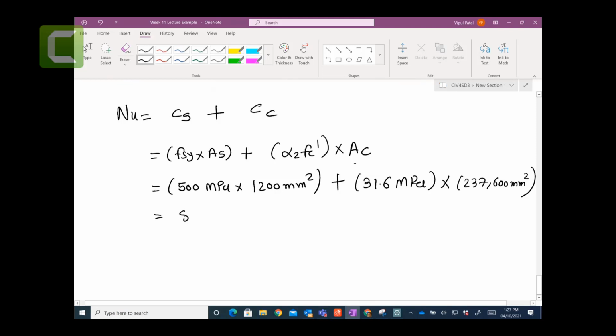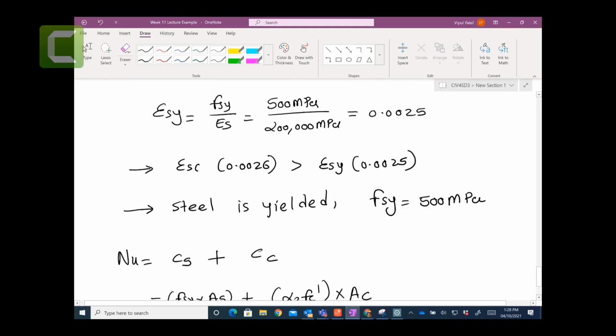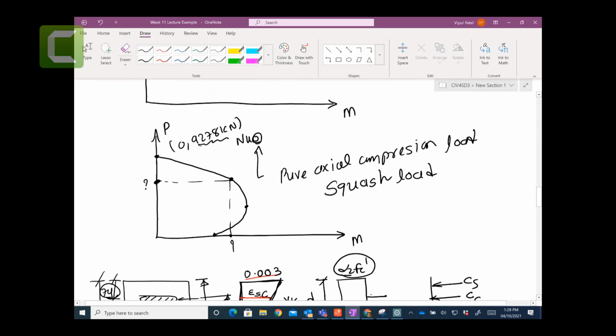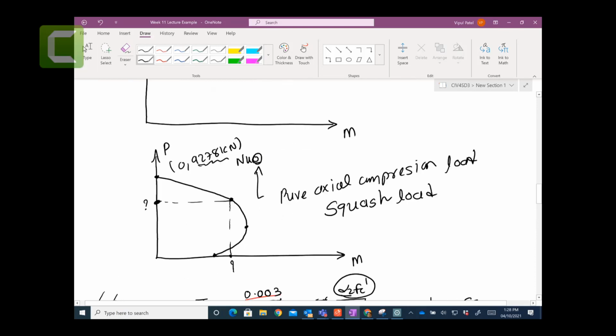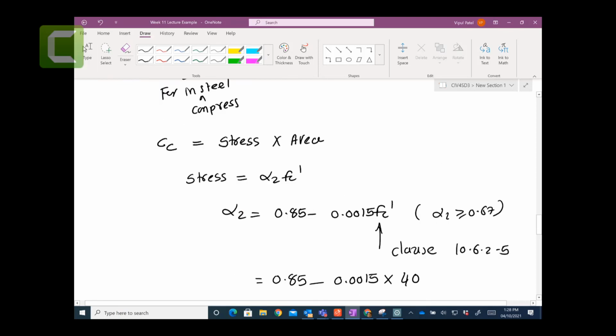You get 8,108,160 Newton, meaning 8108 kilonewtons. Right? So that sounds good. Let's check that it's below that value. Yes, it's below that one. So we needed to find that one, 8108. Right? So that is perfect.